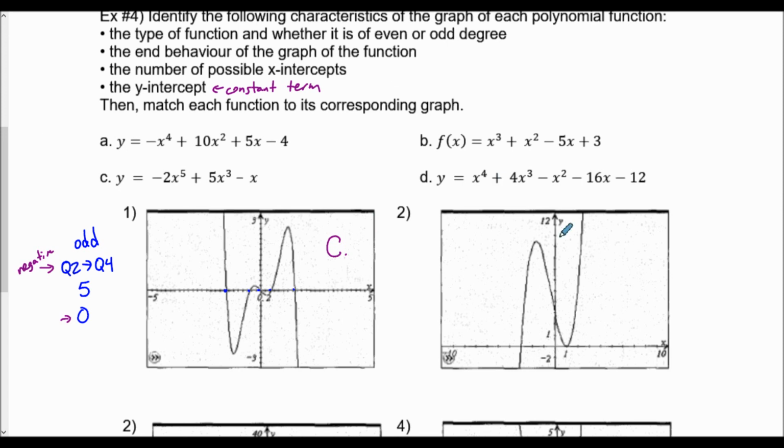If we look at the next graph, we can see, yeah, there's 2 possible x-intercepts. Don't really care too much, but this one, because it starts below the x-axis and ends above the x-axis, this one is also odd. Specifically, and the extension, this one you can know, is cubic.